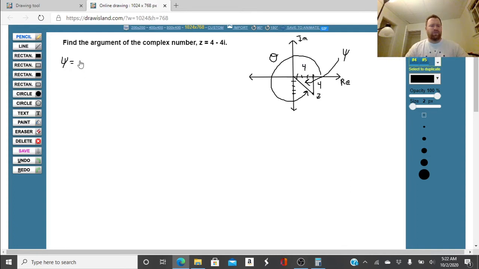So phi is going to equal the inverse tangent of the opposite over the adjacent, or 4 over 4. So it's going to equal the inverse tangent of 1. So the inverse tangent of 1 is equal to 45 degrees.